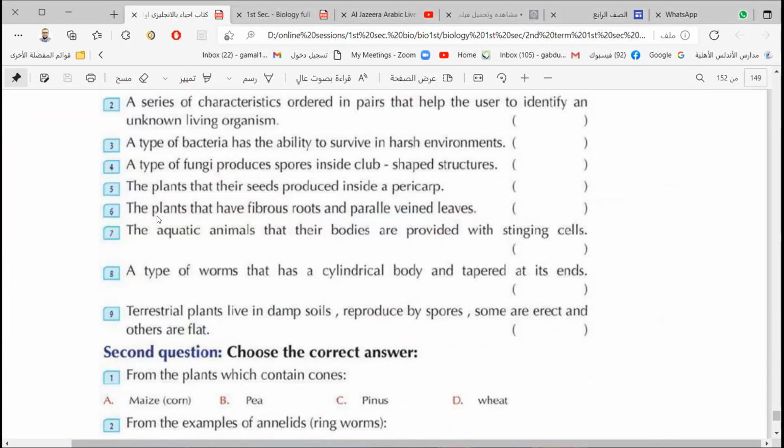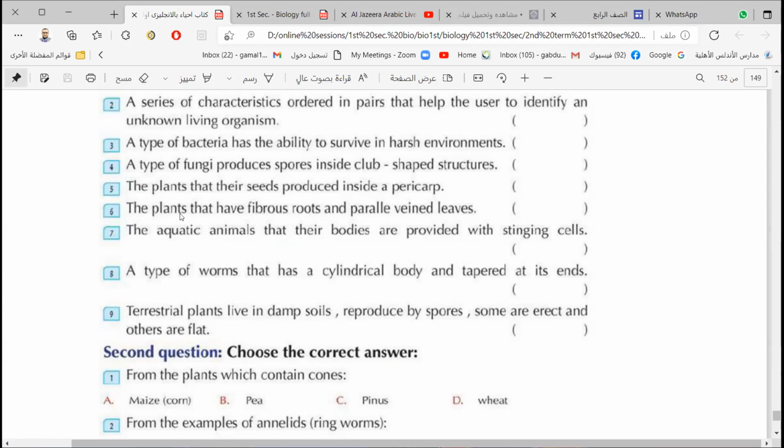Plants that have fibrous roots and parallel veined leaves, which are Monocotyledon or Dicotyledon? Adiantum. You are talking about something not from what we mentioned. We have here to choose between Monocotyledon and Dicotyledon.